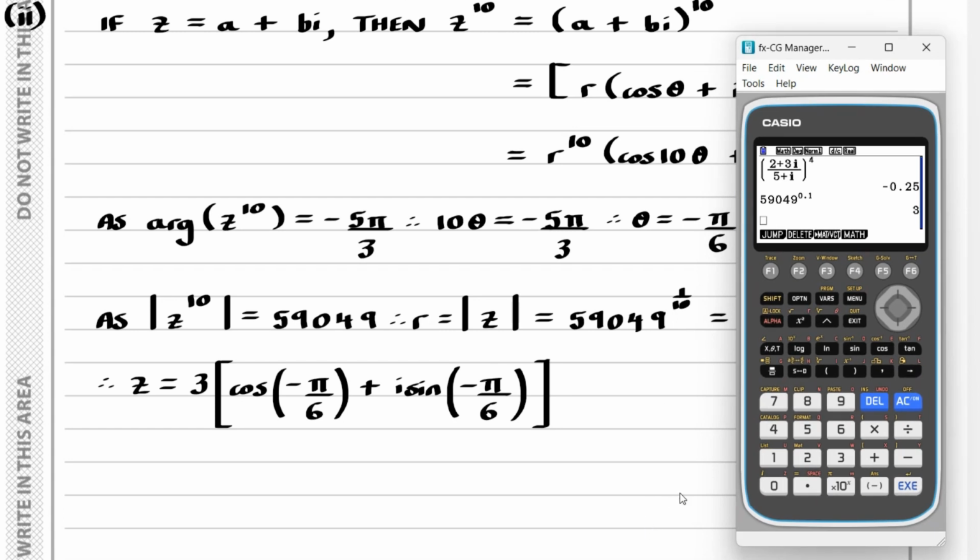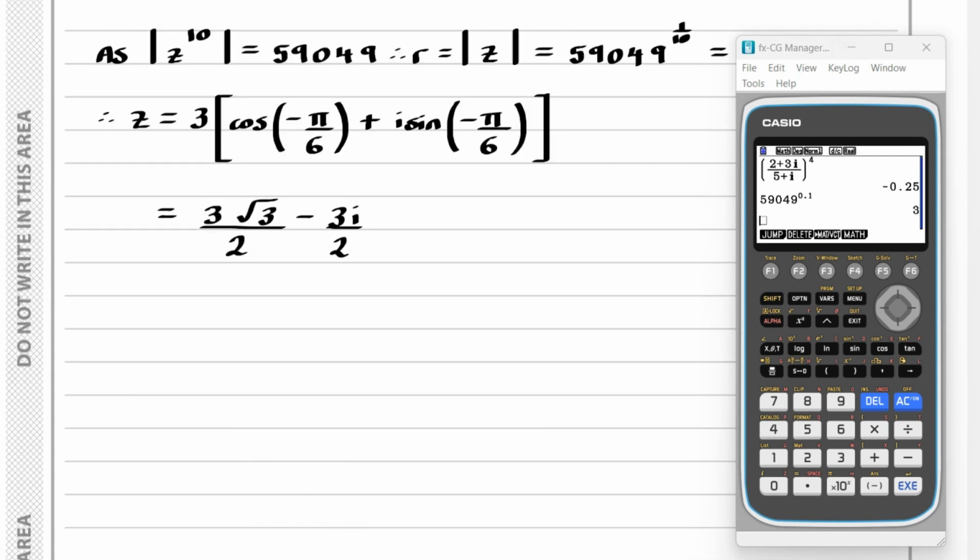So if we work this out, we will end up with 3 root 3 over 2 for the real part, and for the imaginary part, we end up with -3 over 2. And if that's the case, then a is equal to 3 root 3 over 2 and b is equal to -3 over 2.